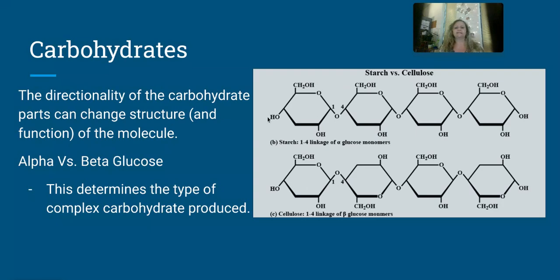So for instance, starch is a 1 to 4 linkage of alpha glucose monomers, whereas cellulose, pretty different from starch, is made up of beta glucose monomers. And it's the same formula. They're just a slightly different structure because of that rotation.